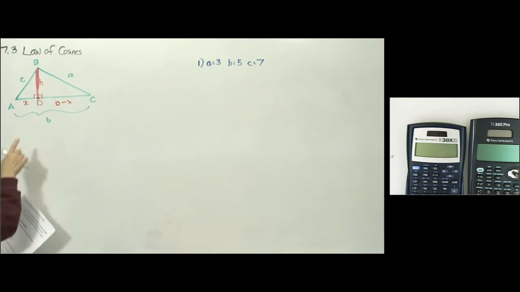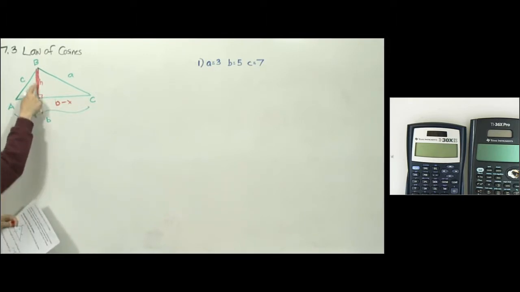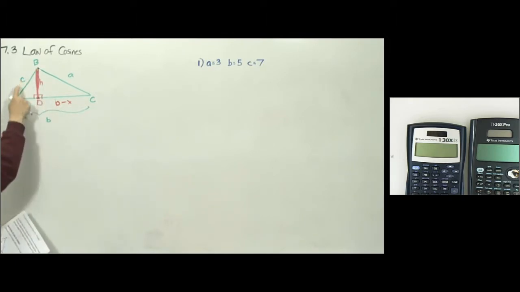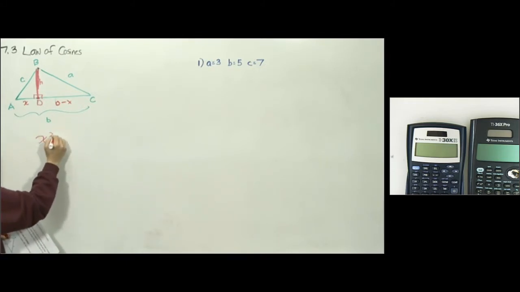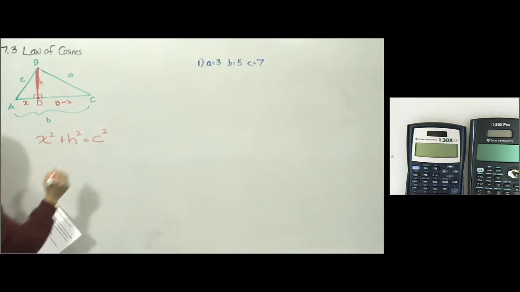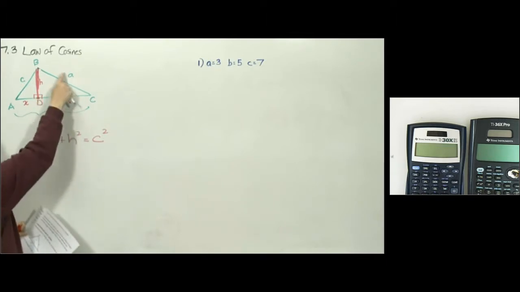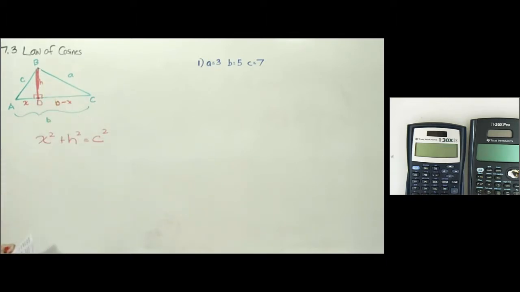From this, they're going to develop an equation. So they took the small right triangle, triangle ADB, and they said, all right, there's 3 sides labeled. Let's do Pythagorean theorem. So x squared plus h squared equals c squared. Do you all agree with that? Okay. Well, now they took the big right triangle and did the same thing.